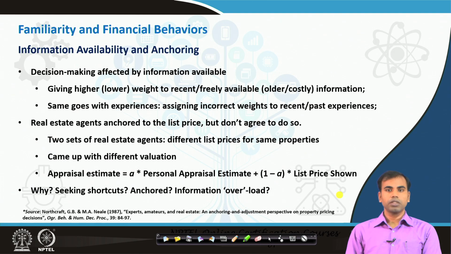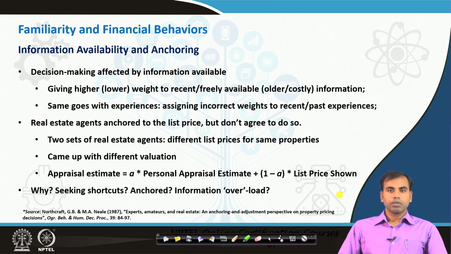They are going to assign the financial value of two sets of same properties. Now, properties have same features, so theoretically their valuation should be same by whoever is doing the valuation. Actually, the difference between these two sets of real estate agents is in terms of the information that they were given a priori.